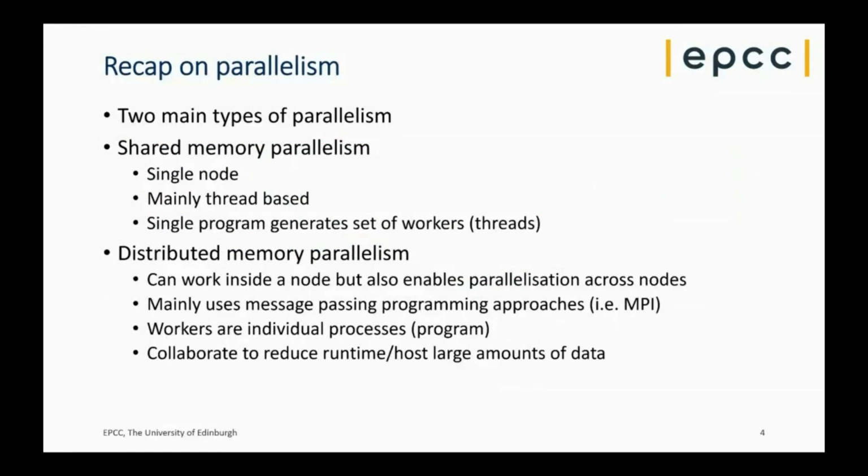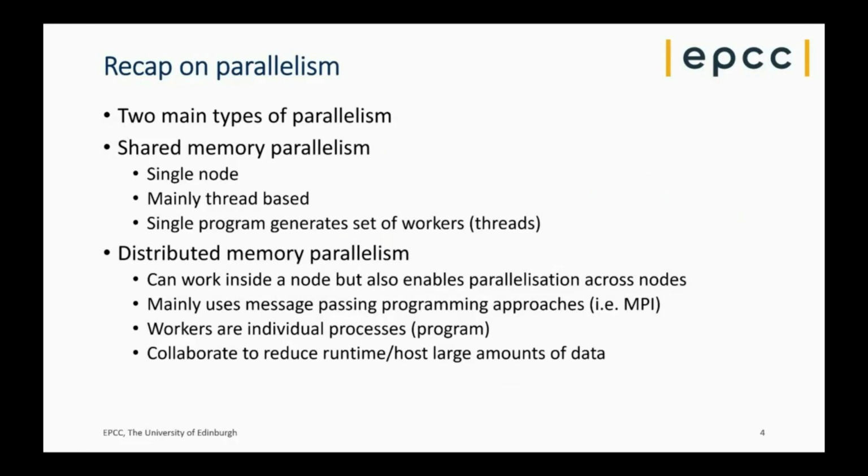There's two kinds of parallelism here that we care about, two main kinds of parallelism. It says a recap here, but you may not know this already, so it may just be telling you. We have this idea of shared memory parallelism, and we also have an idea of distributed memory parallelism.